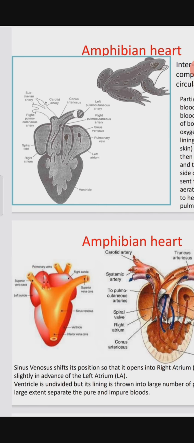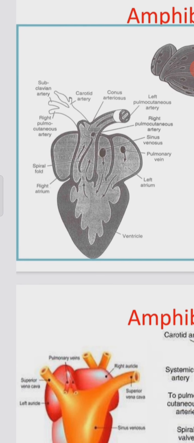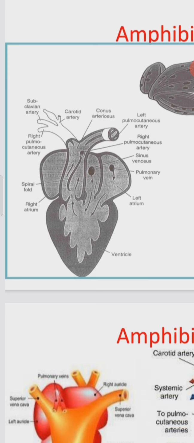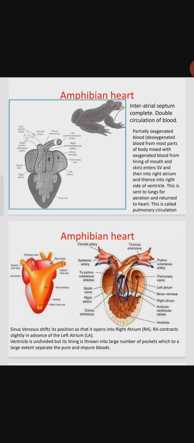Spiral fold, right atrium, left atrium, pulmonary vein, sinus venosus, all of this is present in the heart structure.